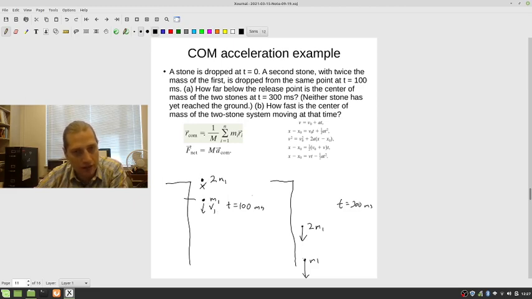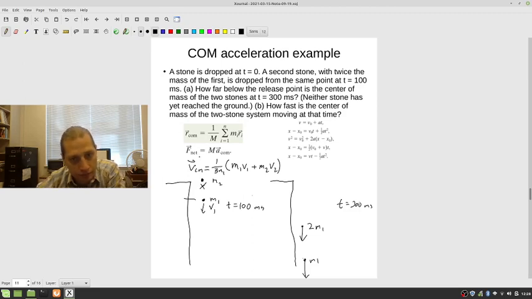And then you could also say that V of the center of mass is equal to 1 over 3m1, and for clarity let's call the second mass m2, times m1 v1 plus m2 v2.